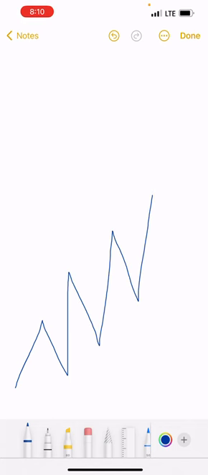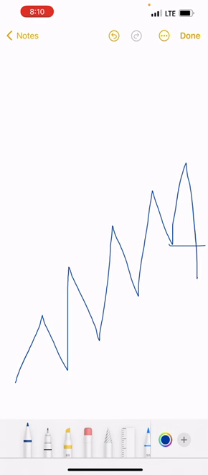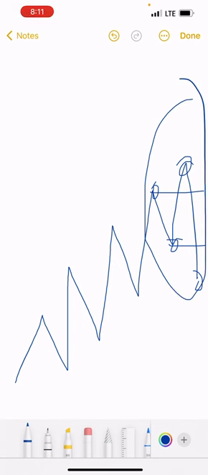Once this breaks, we have a high, a low, a higher high, and a lower low. This is going to be your QM level. Remember, it happens at the top of the trend.